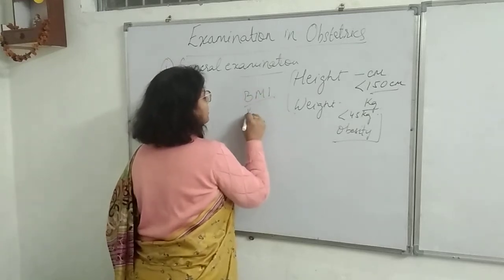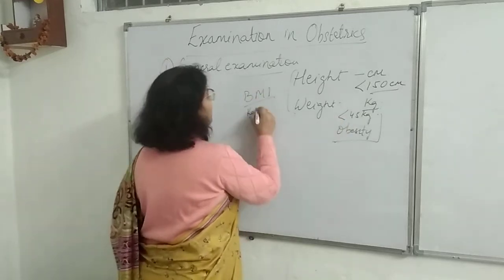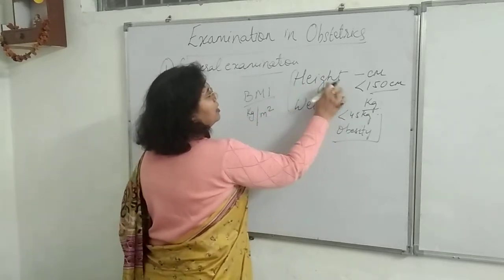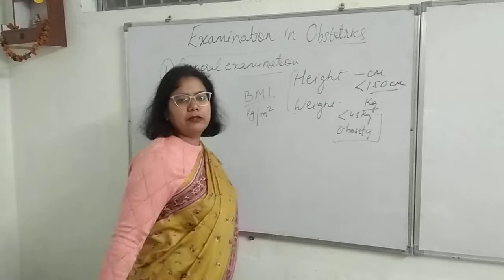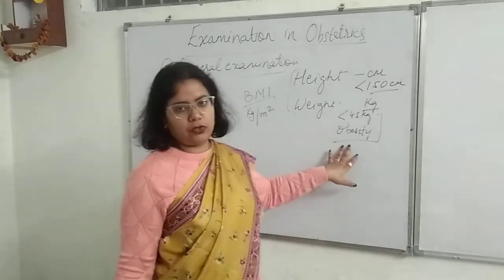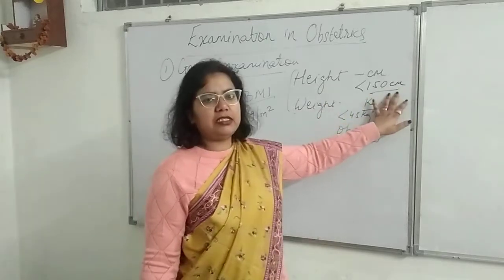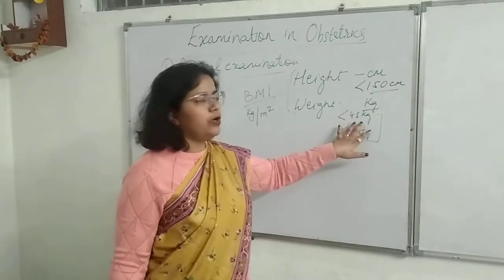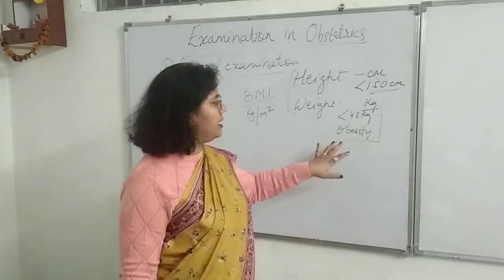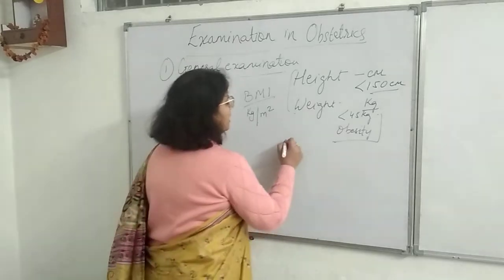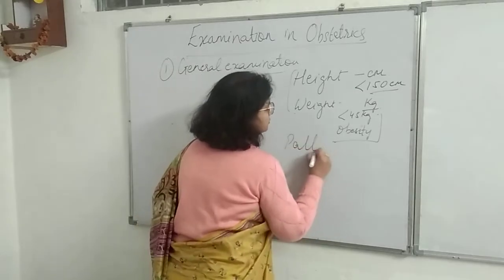It's weight in kilogram divided by her height in meter square. So we can calculate the BMI and we can determine whether she is obese or not. So if she is less than 150 centimeter, it makes her high risk. Weight importance. If she is less than 45 kg, she is at high risk, and if she is obese, she is high risk.